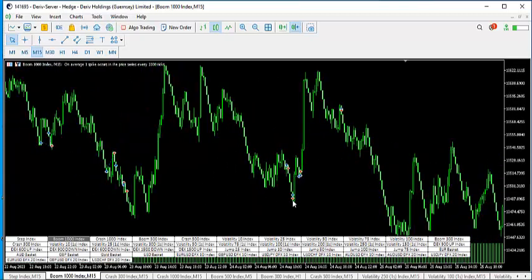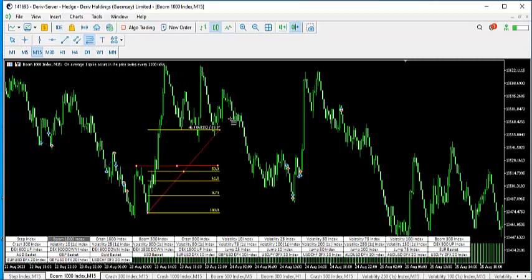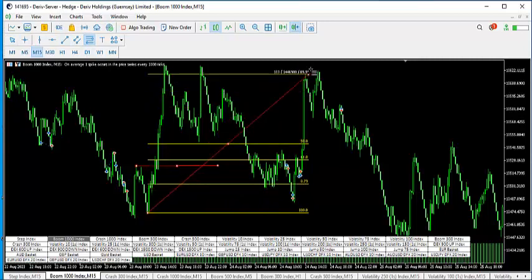Okay, look at this over here. Structure was broken up, and the market came back to retest here. So we'll have drawn our Fibonacci from here down here.